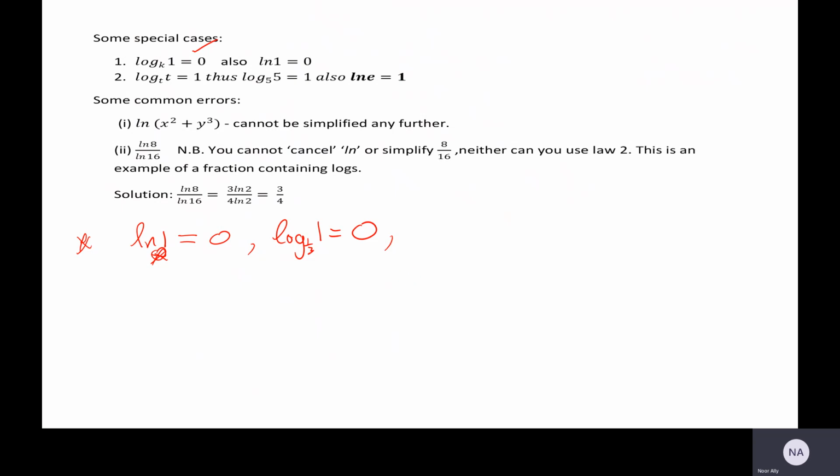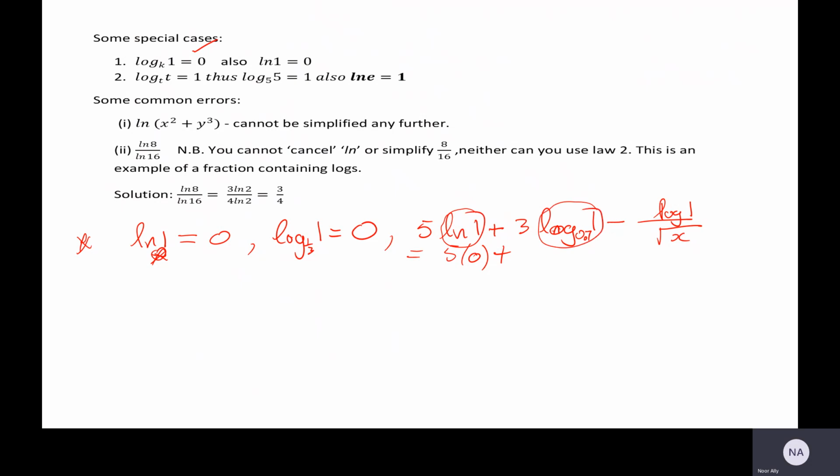Ln of 1 is 0. What is 5 ln of 1 plus 3 log of 1 to the base 0.7 minus 1 divided by log of 1 divided by a square root of x? What's your answer? What's ln of 1? 0.